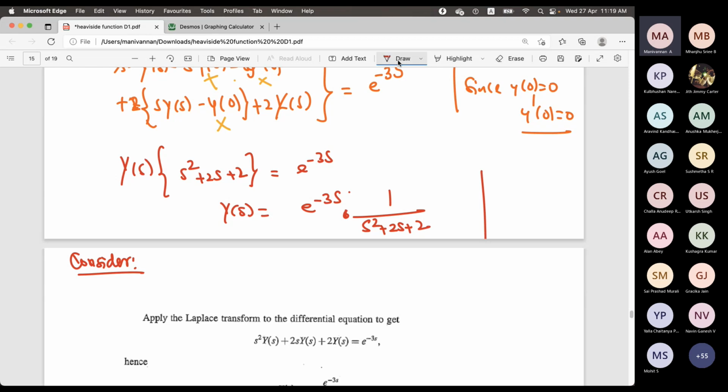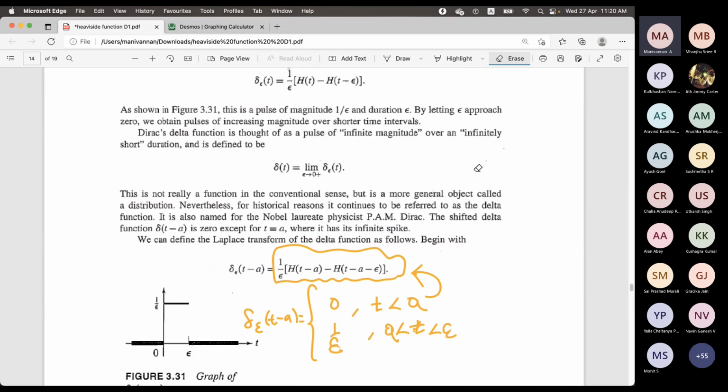If we are going to apply partial fractions or convolutions, we keep aside this e power minus s and consider the remaining portion. We compute the partial fractions or convolutions, and later multiply by e power minus s. The same is applicable here.